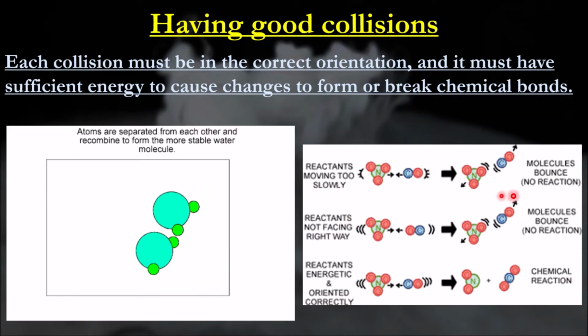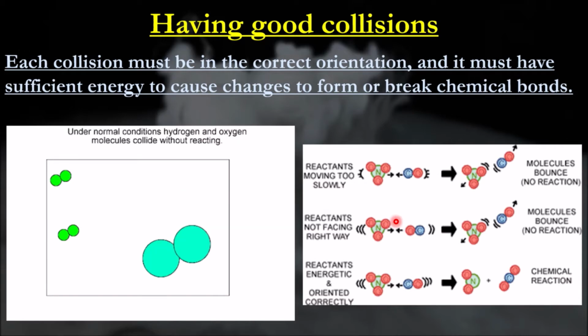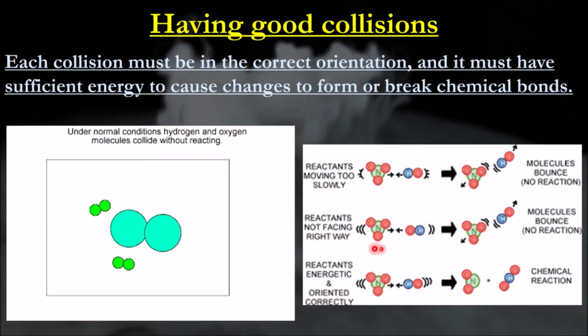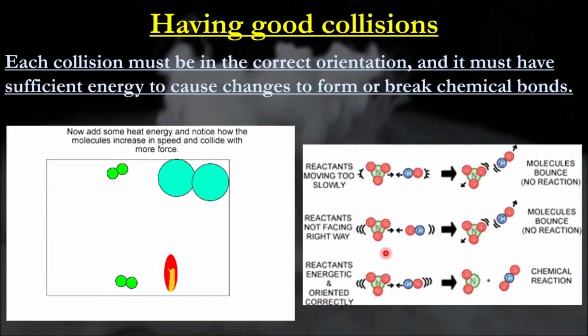I want you to look at this diagram over here as well. Now, if the reactants are too slow, meaning they don't have enough energy, they can bump into each other, no reaction, similar to what we see on the left-hand side here. Down here, the reactants might have a sufficient amount of energy, but the arrangements aren't correct.